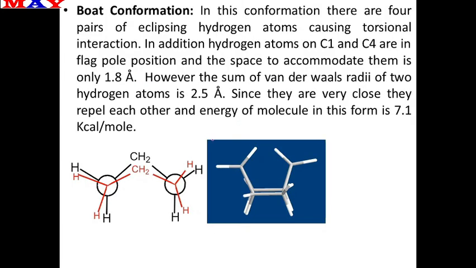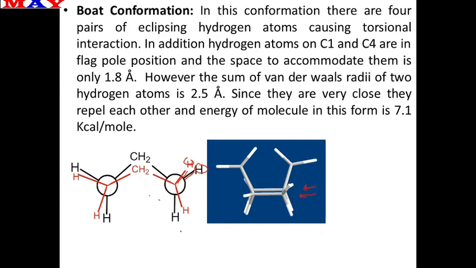Boat form. This is the boat form, and if we look from this side in the Newman projection, it will appear like this. What you notice here is that the hydrogens are aligned together. The dihedral angle between the hydrogens is zero. This gives rise to torsional interaction.